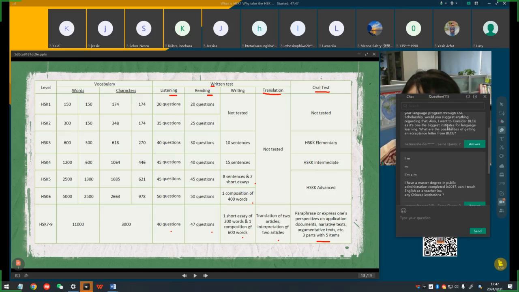So you need to check which university you want to apply for and check their requirements. I think HSK 3 is the lowest requirement for them. HSK 4 plus for the scholarships.